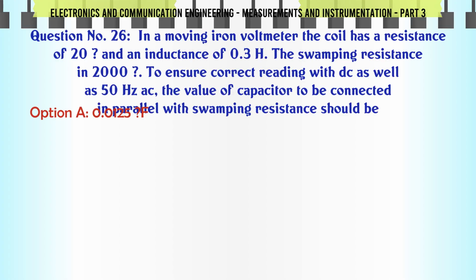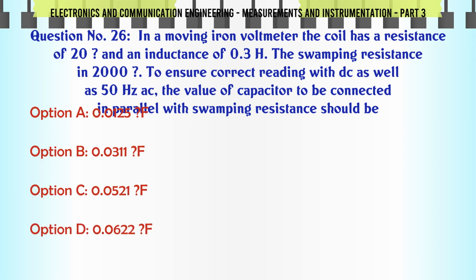In a moving iron voltmeter, the coil has a resistance of 20 ohms and an inductance of 0.3 H. The swamping resistance is 2000 ohms.